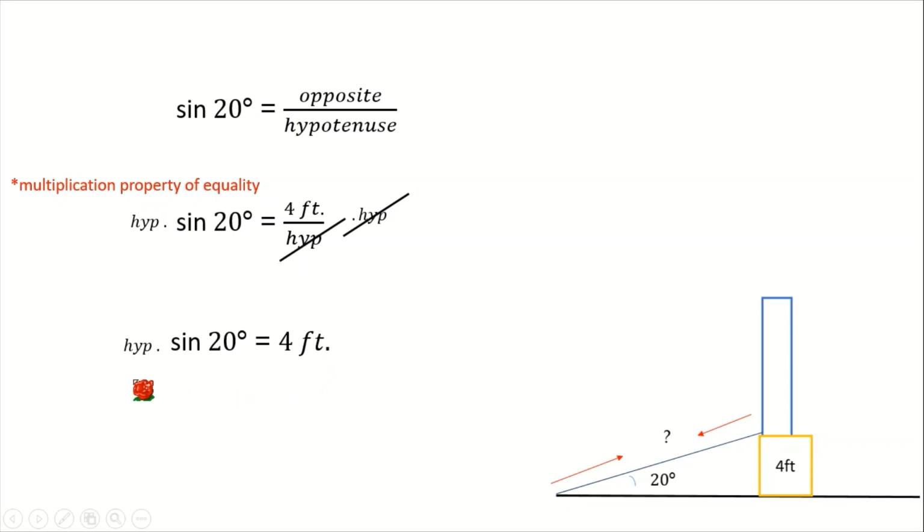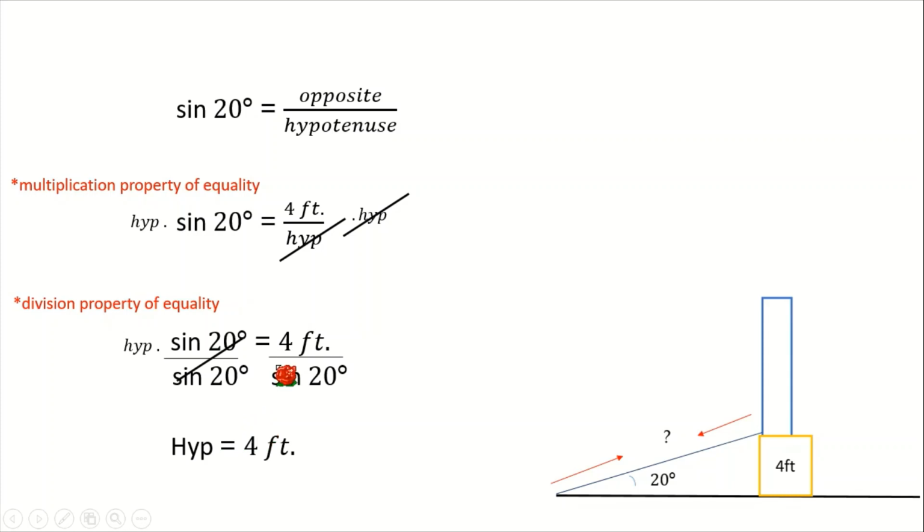Okay? So, since hinahanap natin ang hypotenuse, dapat naka-isolate siya. So, here, we're going to apply division property of equality. So, let's divide both sides by sine 20 degrees. So, that will cancel out sine 20 degrees here. On this side, magtitira lang is hypotenuse. So, hypotenuse is equal to 4 feet over sine 20 degrees.